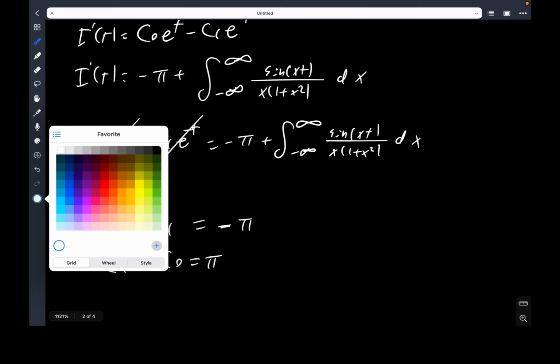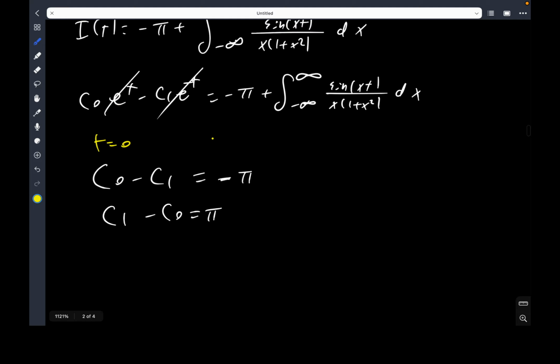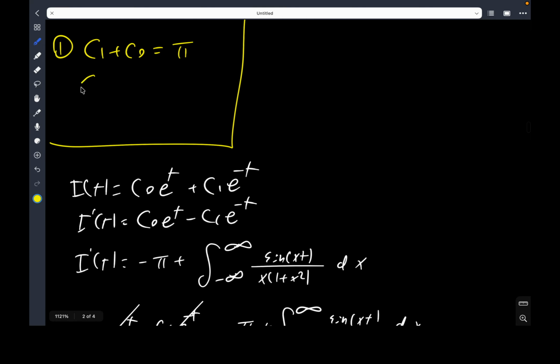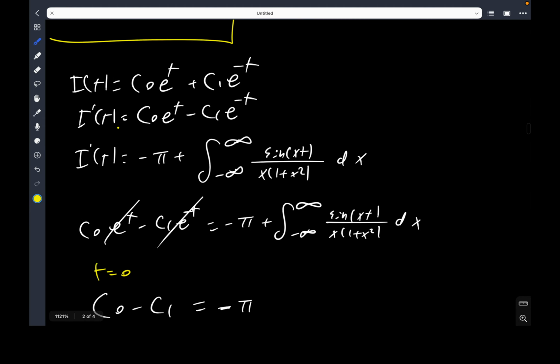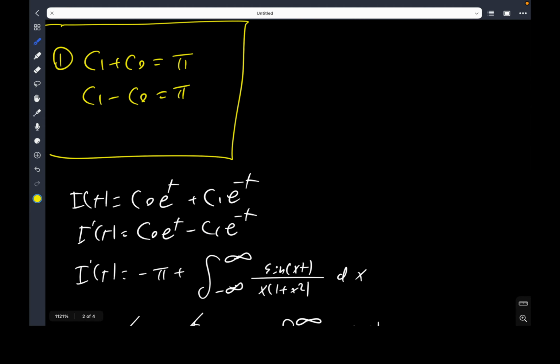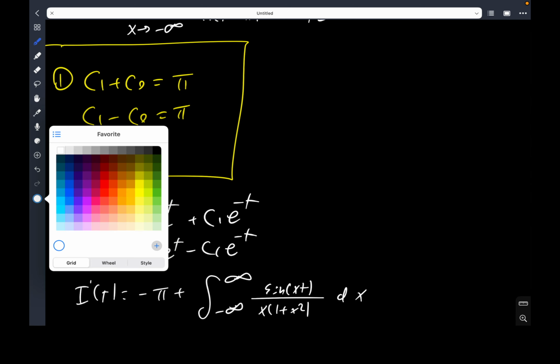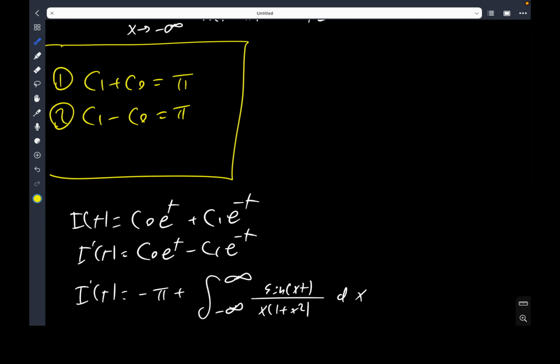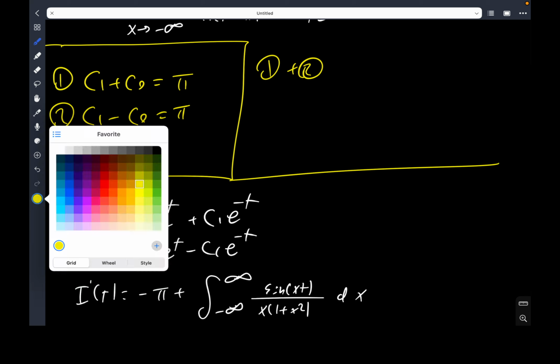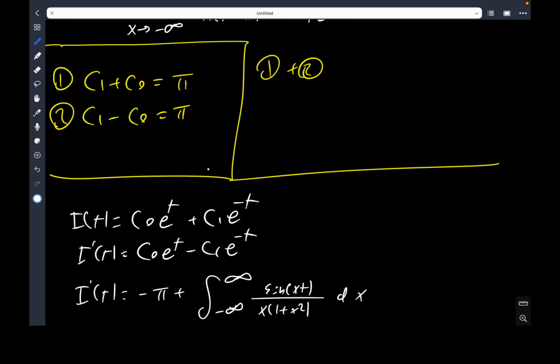So I'm going to write this here: c0 minus c1 is negative pi, which means c1 minus c0 is pi. I'm going to call this equation 2. And if I add equation 1 plus 2, the c0s are going to annihilate, and I'm going to have 2c1 equals 2 pi, which means that c1 equals pi.